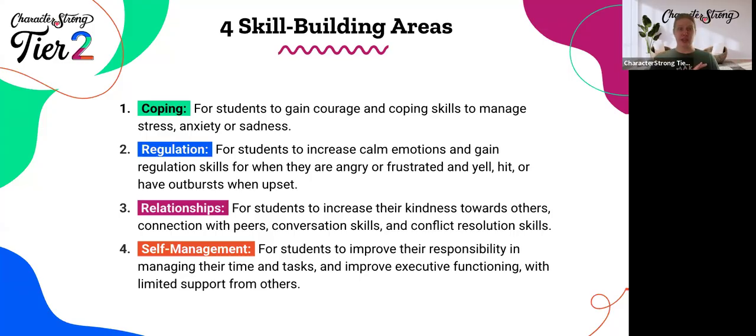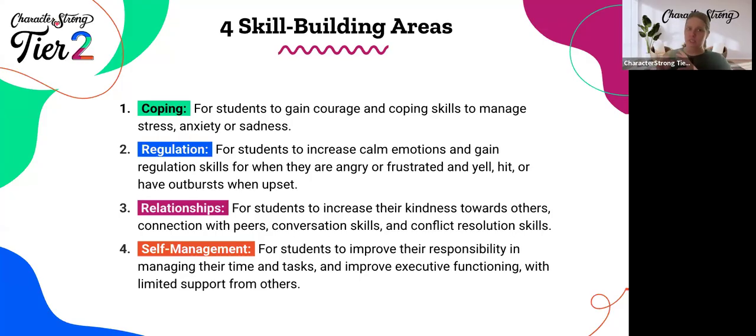They struggle with conversation or communication skills, conflict resolution skills, even just connecting with peers. Then self-management is for students who really have difficulty with executive functioning skills and right now are requiring support from others to be able to do those things that would be considered executive functions. We want to give them the tools and the strategies to be able to do it independently.